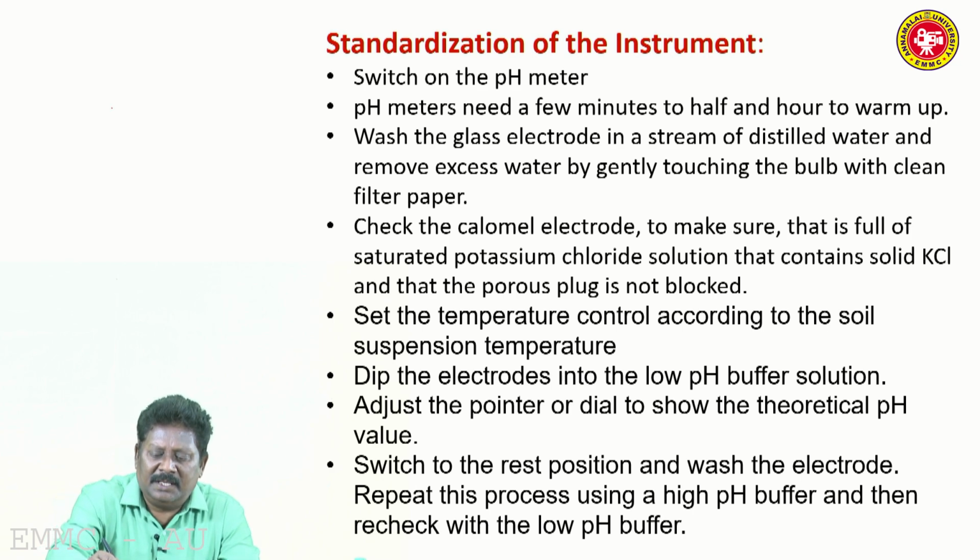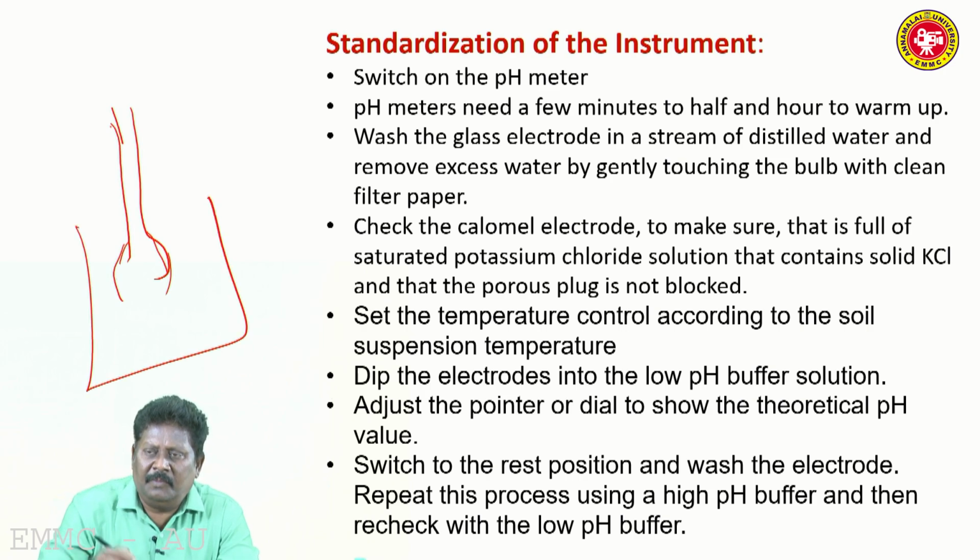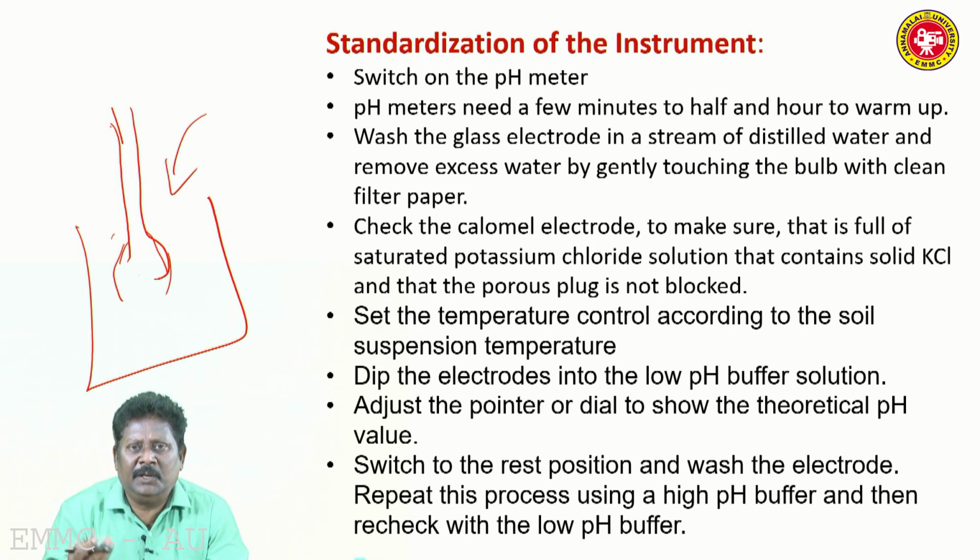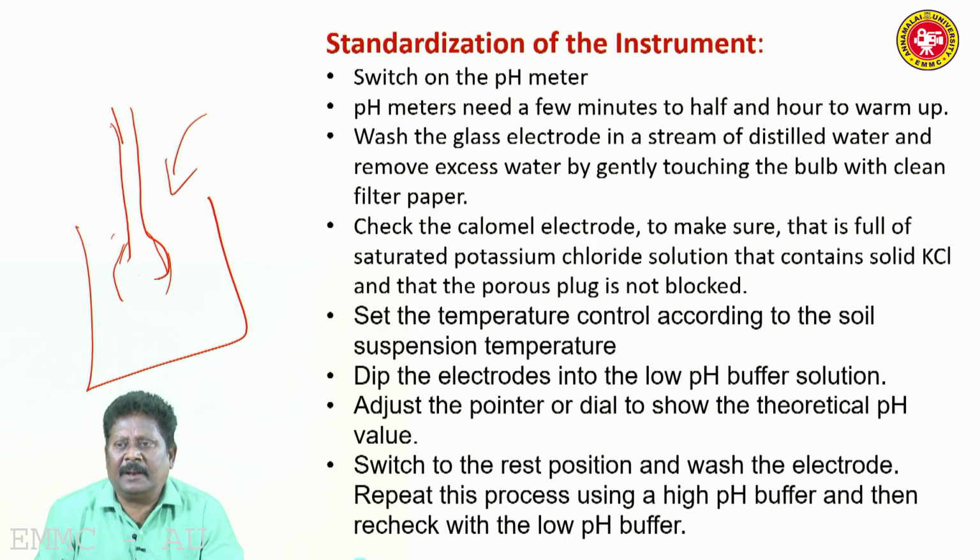In the pH meter, we have the electrode. Now wash the electrode with distilled water, then take out the electrode and wipe out the excess moisture present outside using filter paper.